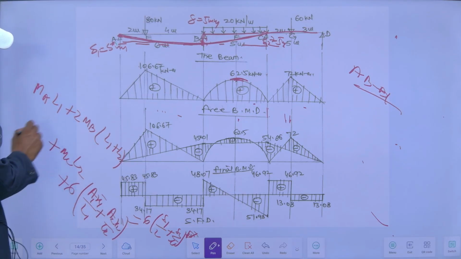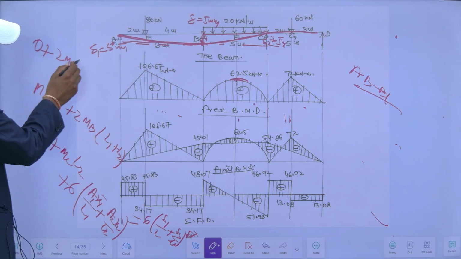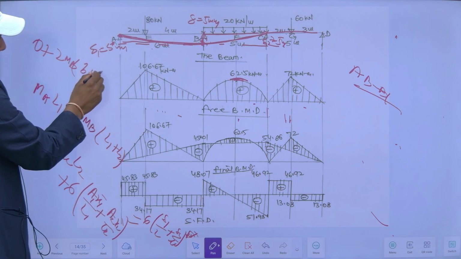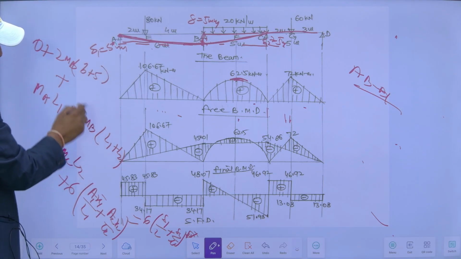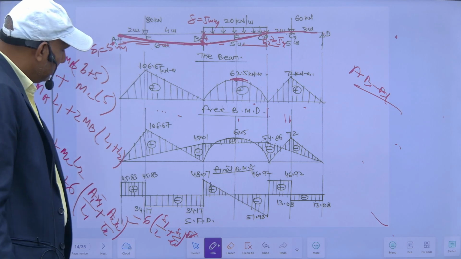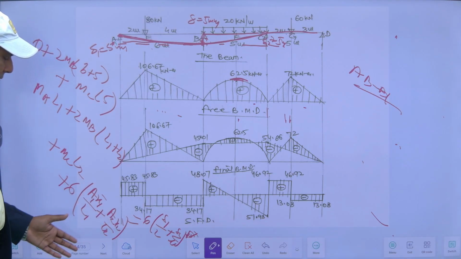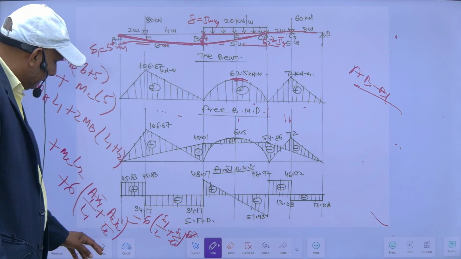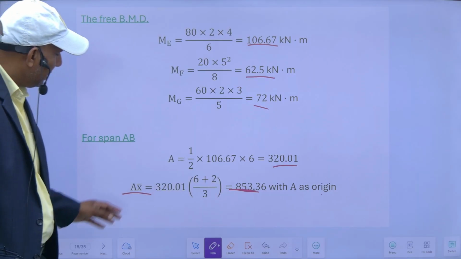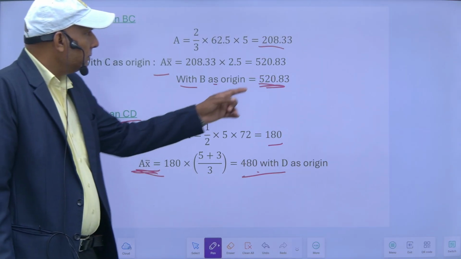So this will be 0 plus 2 MB into L1 plus L2, plus MC into L2, is equal to 6 A1 X1 upon L1 plus A2 X2 upon L2 is equal to this one. So, A1 X1 is equal to this one and A2 X2 is equal to this one.